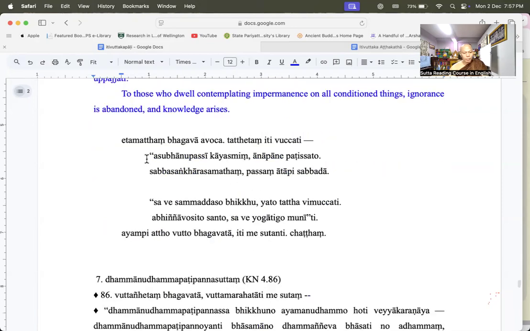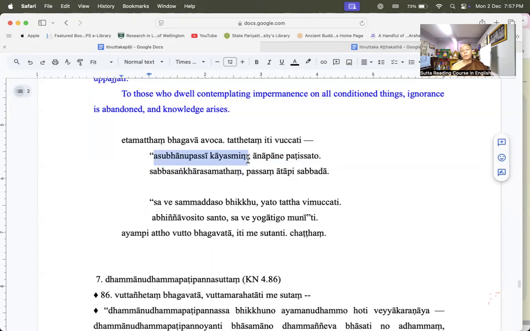Okay, now let's go to this stanza. Asubhanupassi kayasmim, anapane. Satimato, sabbasankharesu, sabbasankhara samatan. Here are three lines.